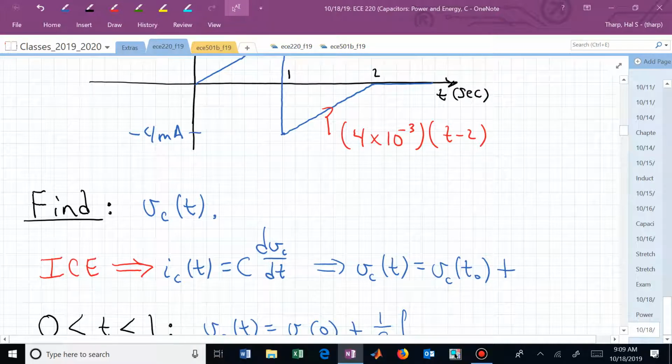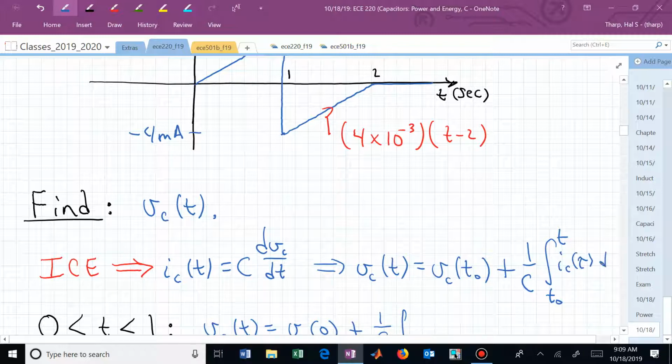And what's that going to be? We can divide both sides of the ICE equation by C and then integrate both sides, and we end up then going from t sub 0 to t of I sub c of tau d tau.